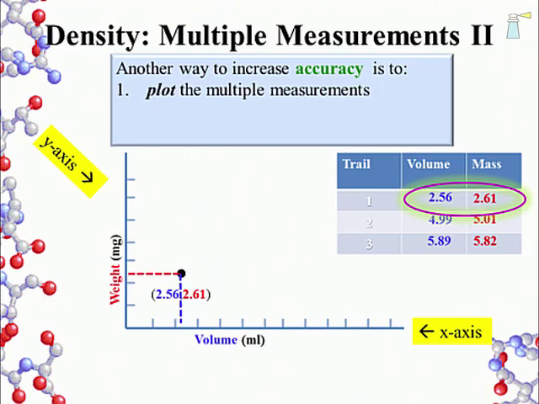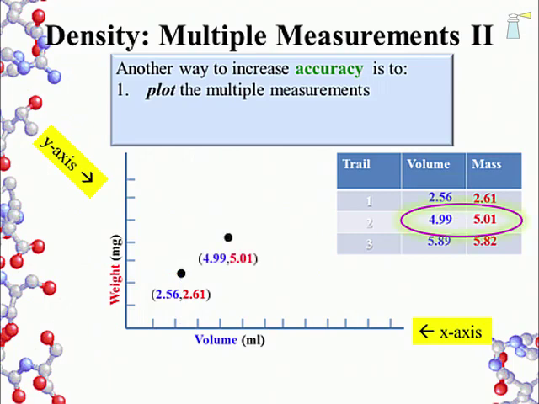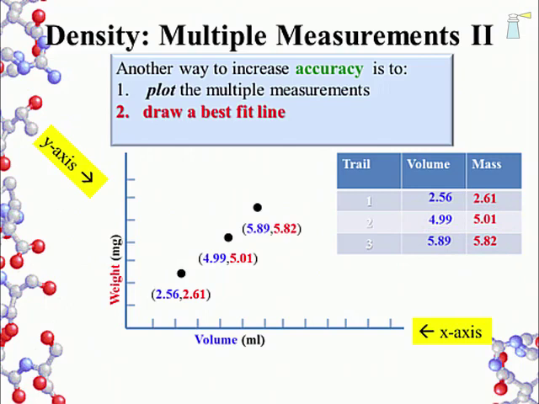The y value is written second and represents the mass value. The order is essential in this process. The second point, a volume of 4.99 mL and a mass of 5.01 grams, and the third point, a volume of 5.89 mL and a mass of 5.82 grams. Once these points are plotted, draw a best fit line.